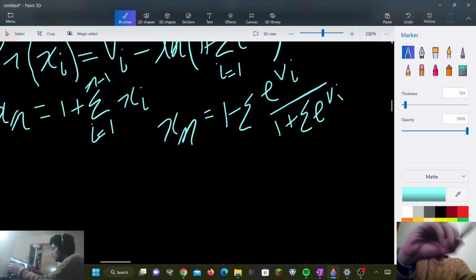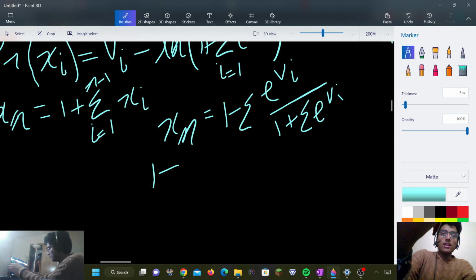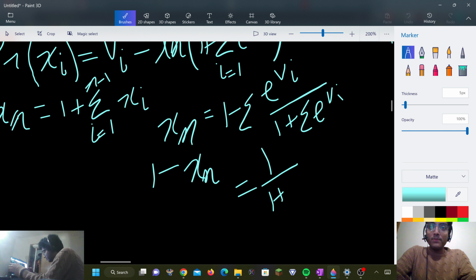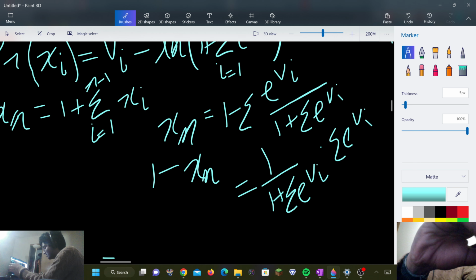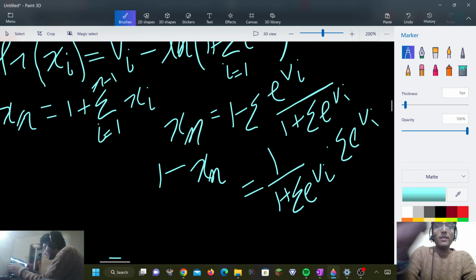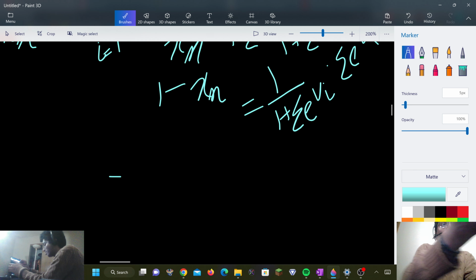So I'm going to subtract 1 over and multiply by negative 1, which gives 1 minus x_n equals the constant times the summation of e to the v_i. I realize I started writing slanted here for no reason. Then you can just multiply this over.